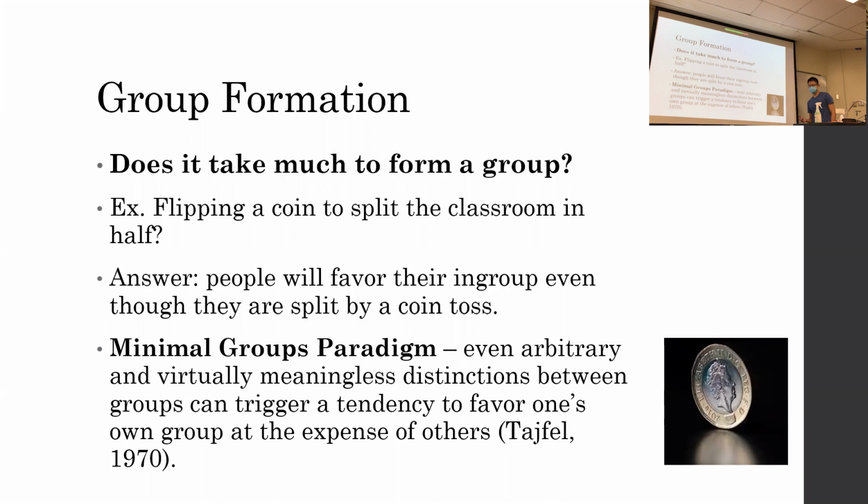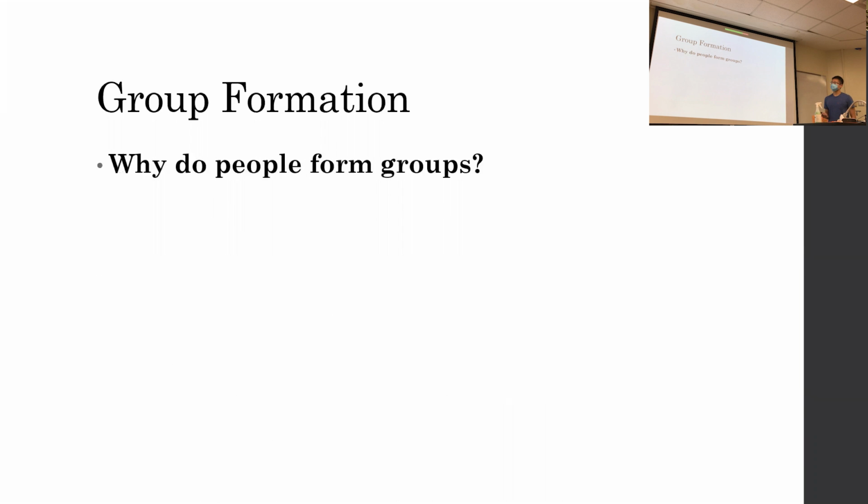One question that I want to ask you guys is, why do people form groups? I guess it makes it easier to accomplish tasks because you have more people working on the same thing.